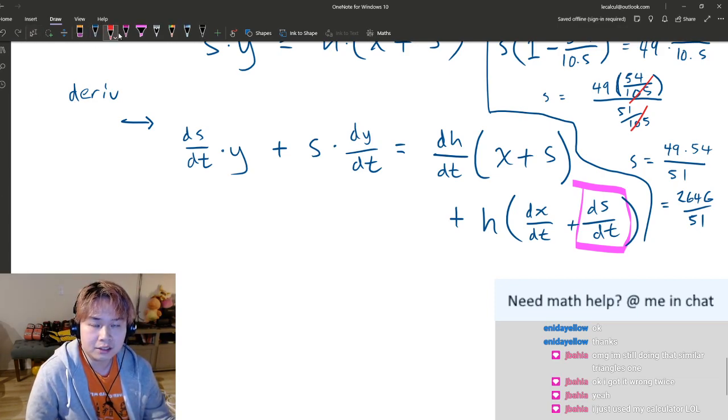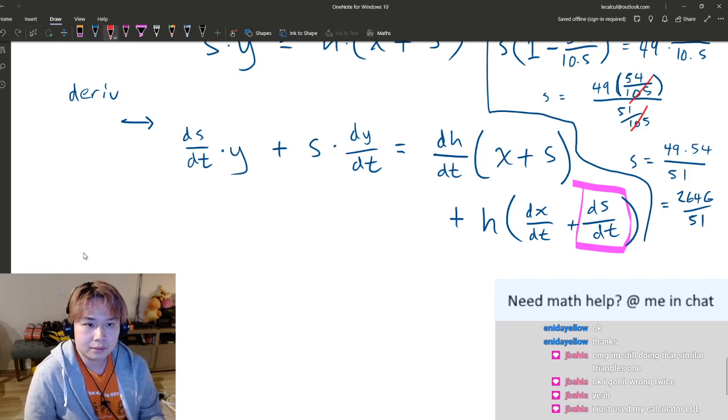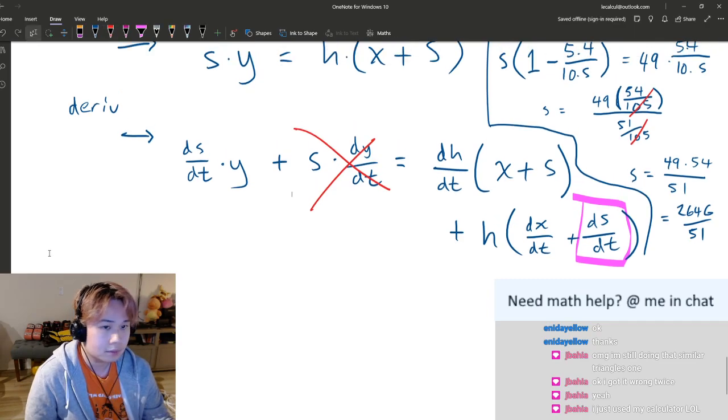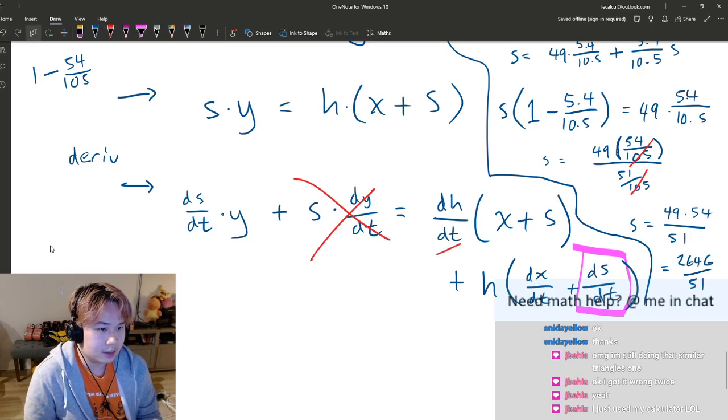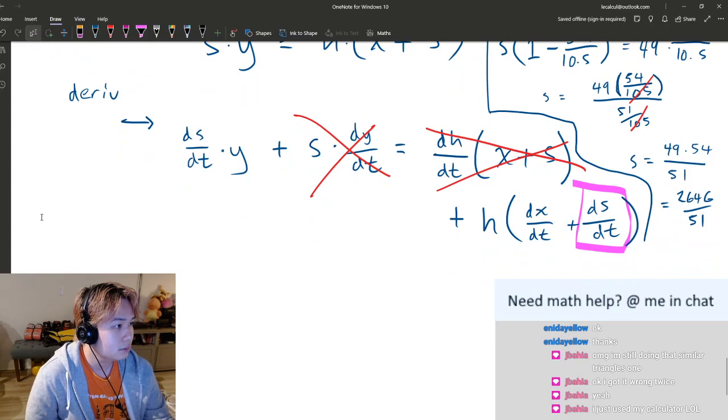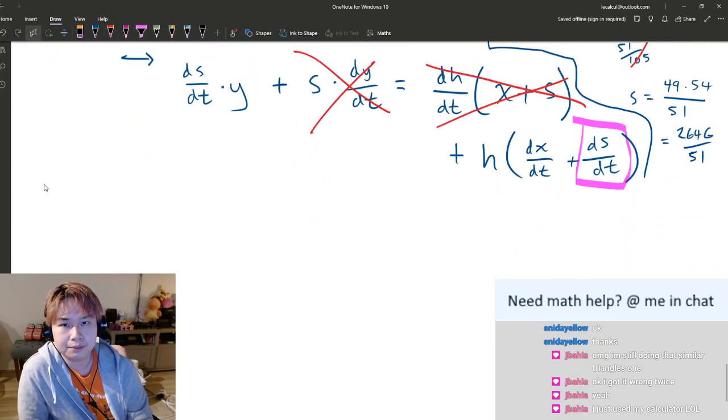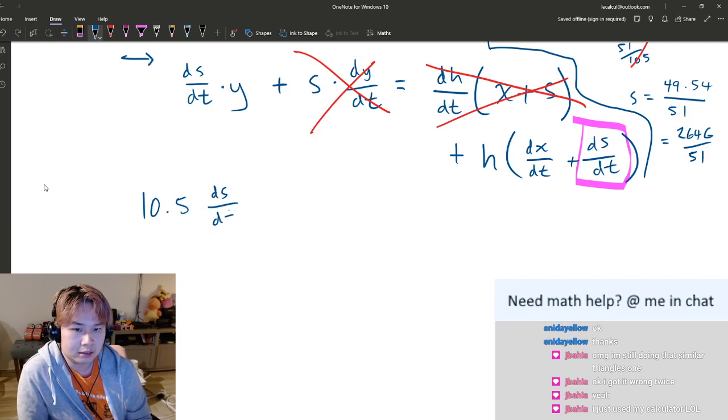And then let's plug in values. So this one goes away because dy dt is 0. This one goes away because dh dt is 0. So what are we left with? We're left with 10.5 ds dt, which is this one.